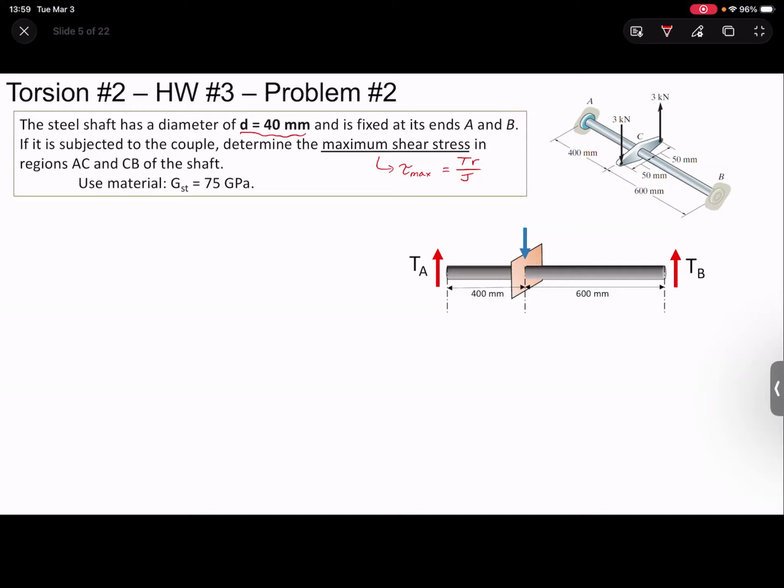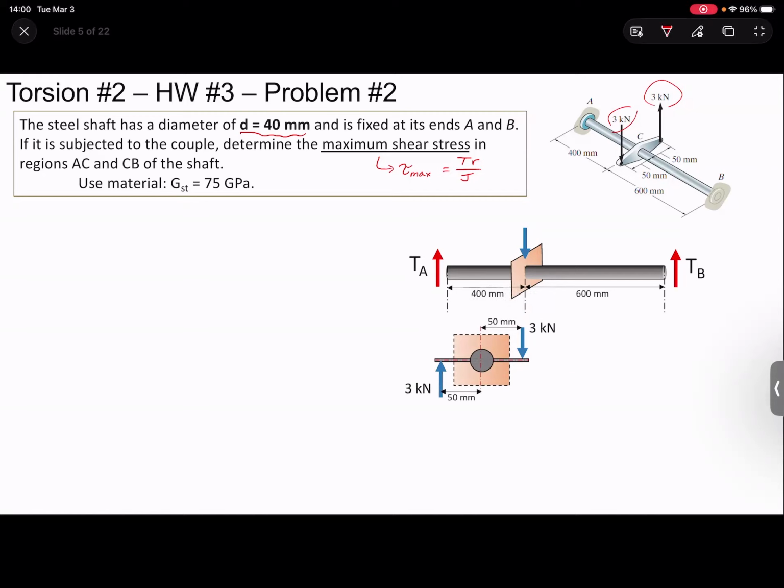So let's first find, since these are given in forces, let's first find the resultant torque applied here by looking at this little profile here. So what we're essentially given is, okay, we're told that it's a 3 kilonewton force acting 50 millimeters away from the center.